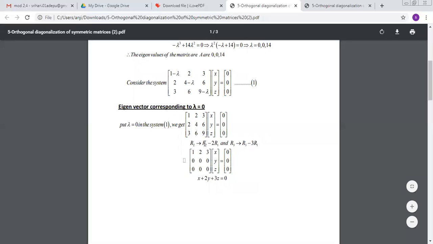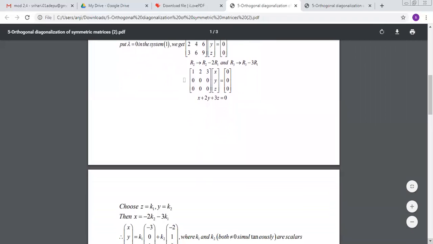So R2 becomes R2 minus 2R1 and R3 becomes R3 minus 3R1. So [1, 2, 3; 0, 0, 0; 0, 0, 0] times [x, y, z] equals [0, 0, 0], and the rank of the coefficient matrix is 1. So n minus r equals 3 minus 1 equals 2.